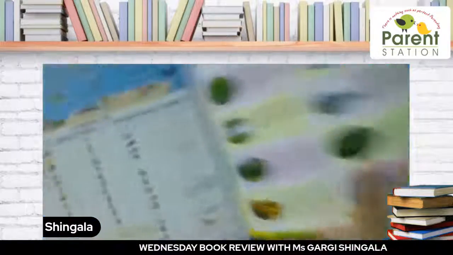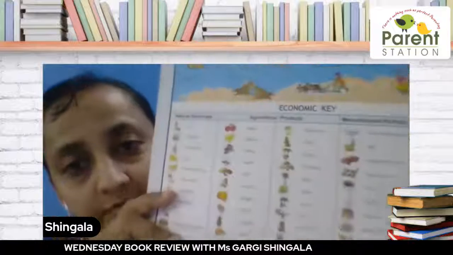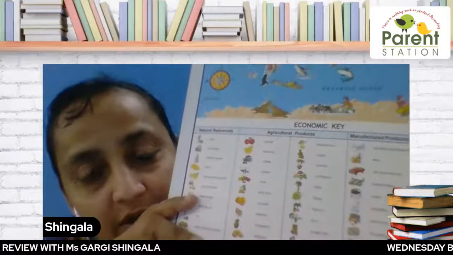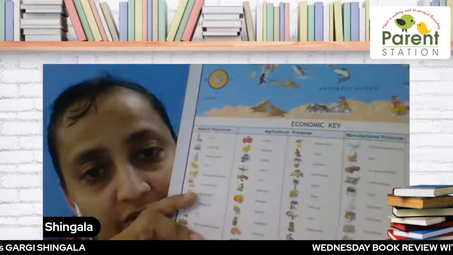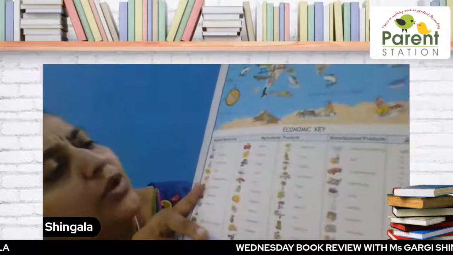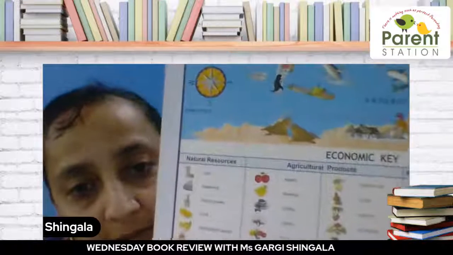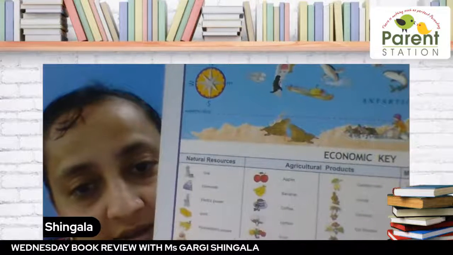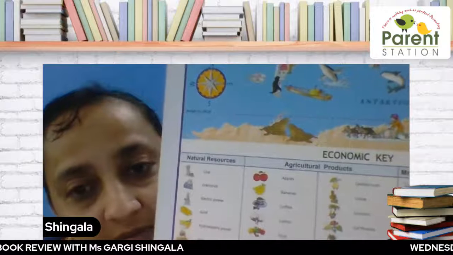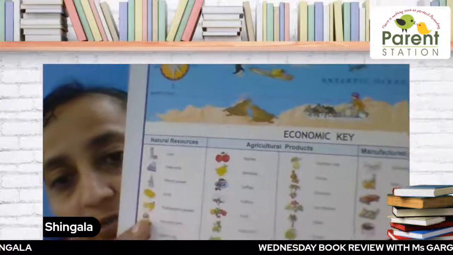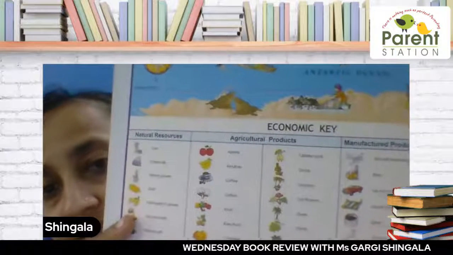So when you are reading any atlas, you have this key, and it says a particular word. For example, if we are talking about natural resources, the first picture is about coal. The next is diamond. Similarly, in agricultural products, you have all different fruits and grains.